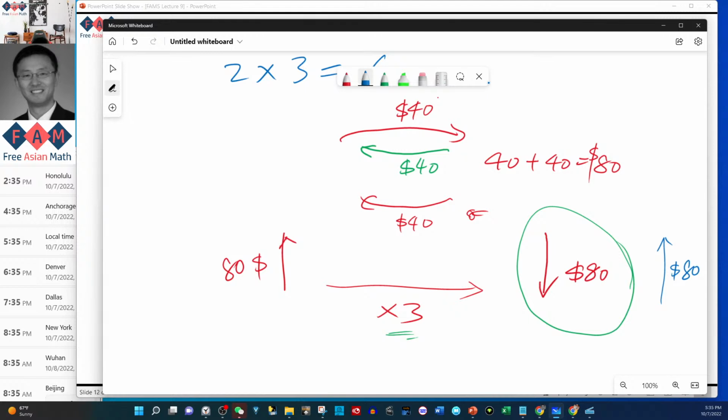And in that case, if Aaron wants to keep this 3 times relationship, Aaron needs to go up by 80 times 3 equals $240. This is how the hypothetical happens, right?